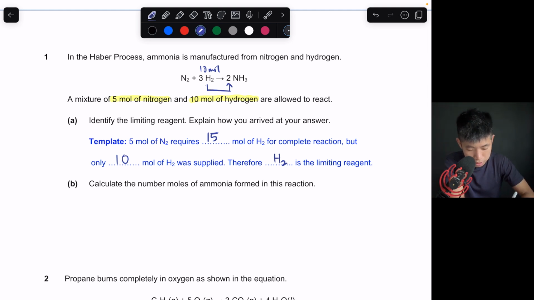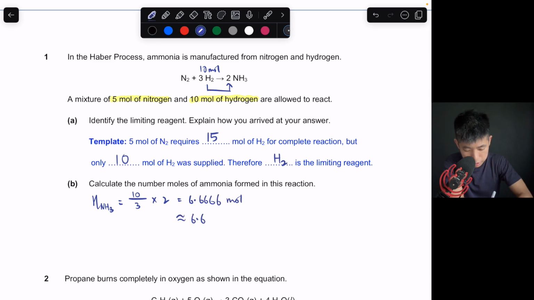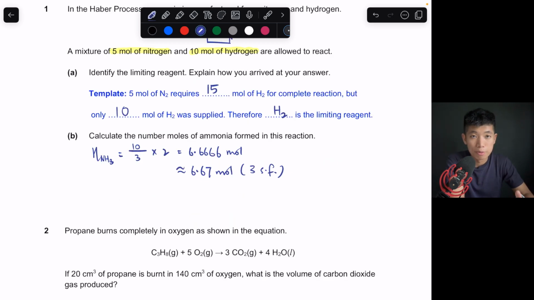Okay, so since hydrogen is the limiting reactant, your number of moles of ammonia that can be formed will be 10 divided by 3 times 2. Okay, because the mole ratio is 3:2. That will give us 6.666. Alright, and then we round it off to 3 SF, 6.67 mole. Look at example 2 now. You may want to pause the video and try it out before we carry on.